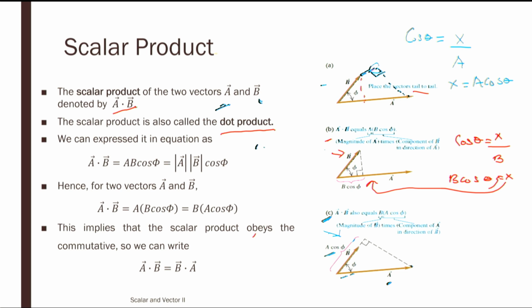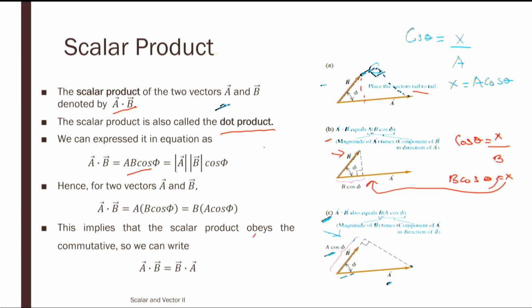The most important thing we want to take away from here is that when we have the dot product of vectors A and B, A dot B equals A cos theta times B, which is the same as AB cos theta, and also the same thing as BA cos theta.